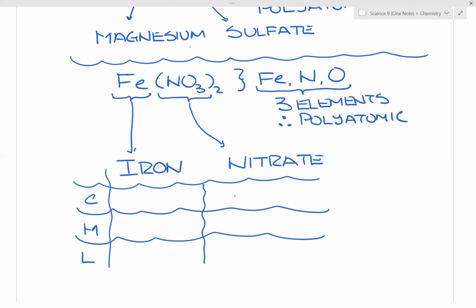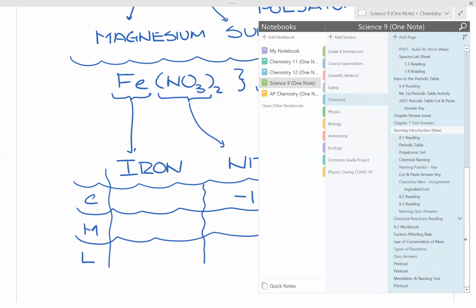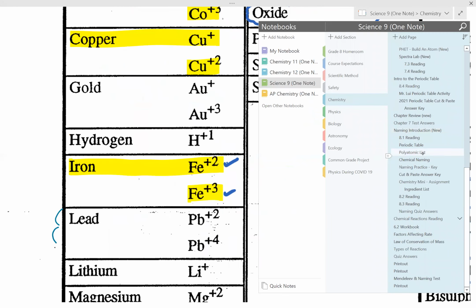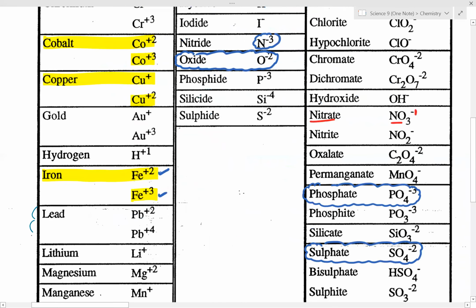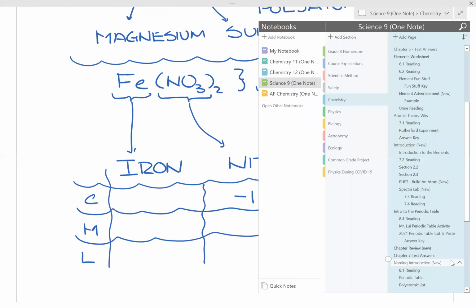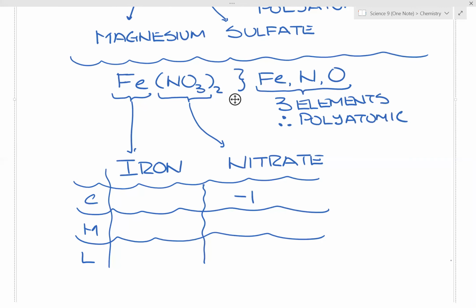So nitrate, you know, is -1. How did you know that? Again, if you look at the polyatomic list, nitrate is -1 right here on the right-hand side. So here would be -1, and iron is either +2 or +3.